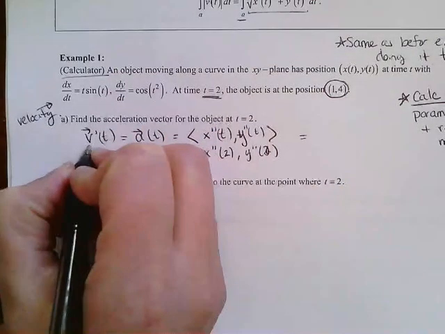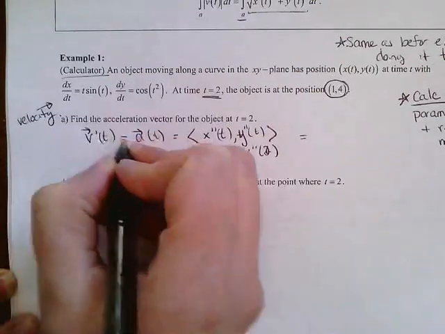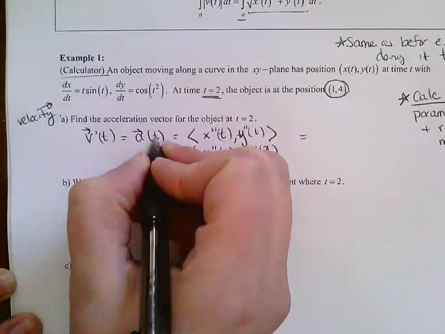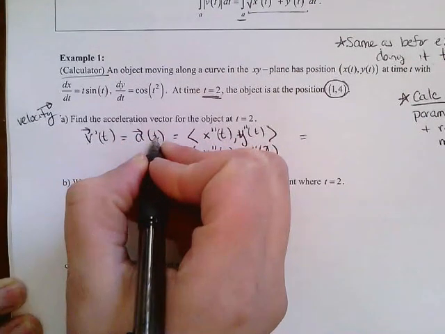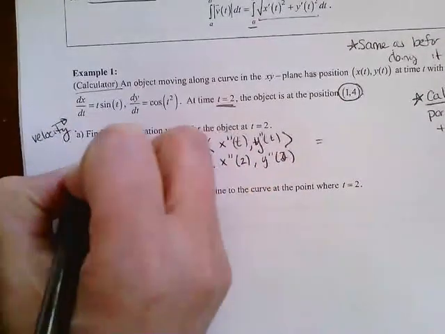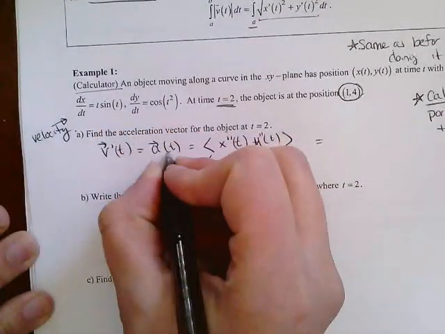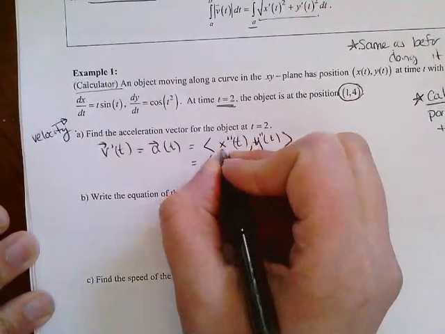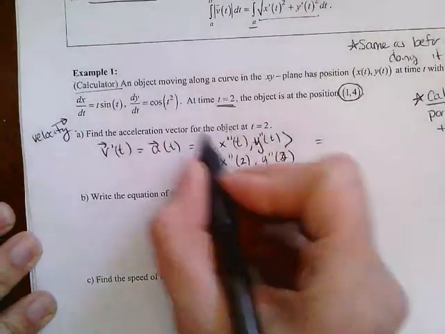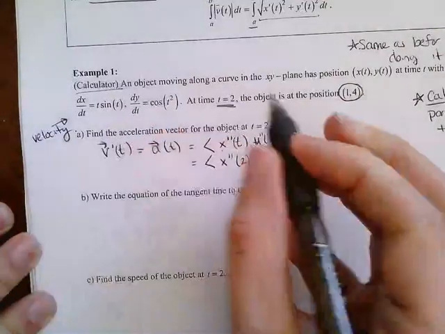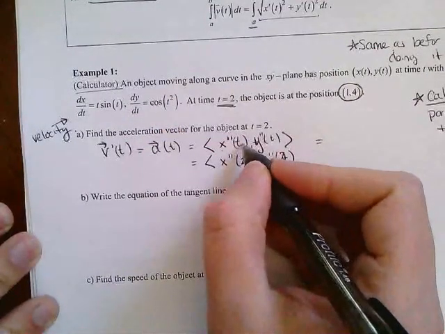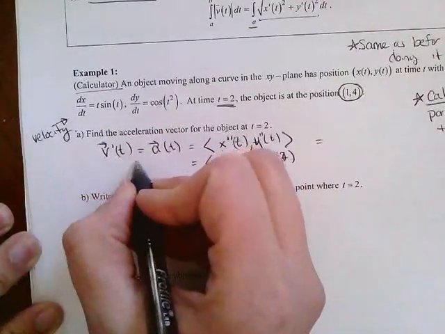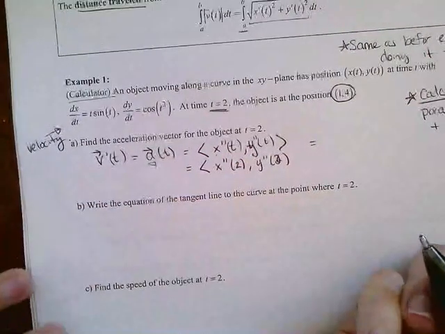So we know that the derivative of velocity is equal to the acceleration, correct? Which is basically taking the second derivative of the position function. But we are given the velocity, so we just have to make sure that we take the derivative of velocity to get to acceleration.